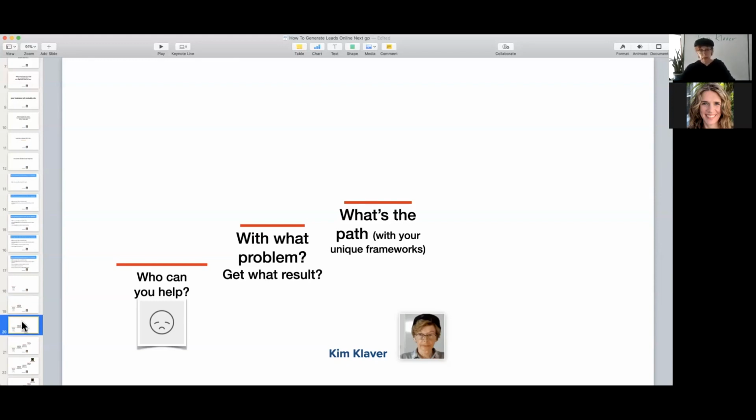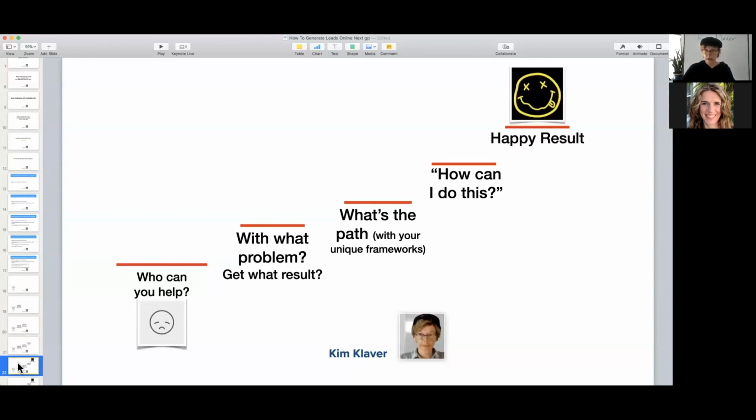What is the path? Okay, so remember the steps to get there. That's what we're looking for. What's the path that you're taking them on? Now you ought to know. You take these pills, you do this, you do that, okay? The next one is you need to answer the question that they'll have in their mind. How can I do this? Right? And then the last one is the happy nirvana.